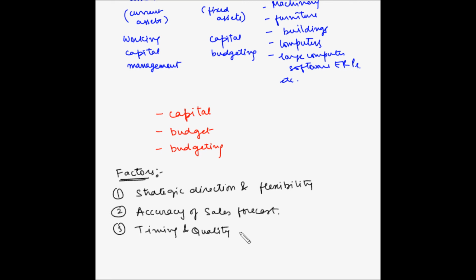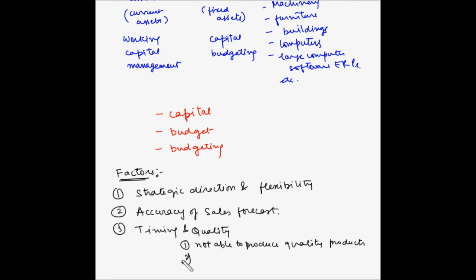Whereas, on the other hand, if you do not invest enough, then two conditions can arise. First, your equipment or software may not be modern enough to produce the cutting edge and high quality products that your competitor is producing. So, not able to produce quality products.